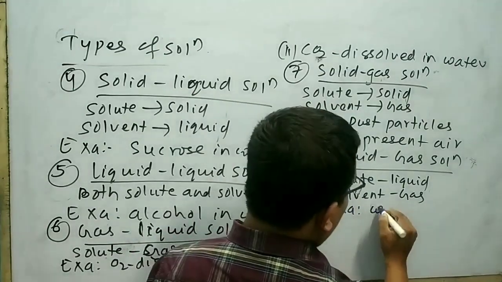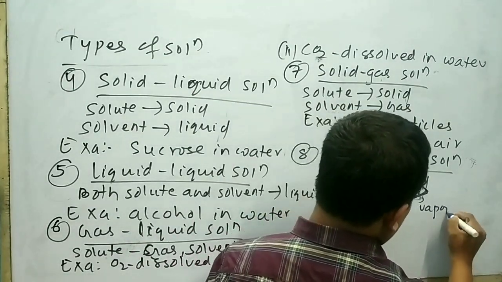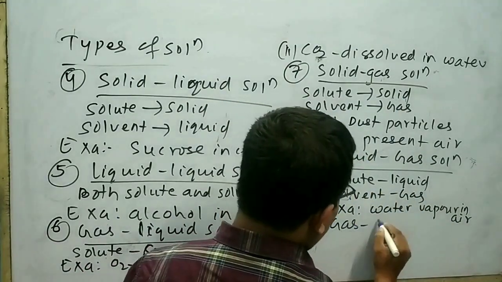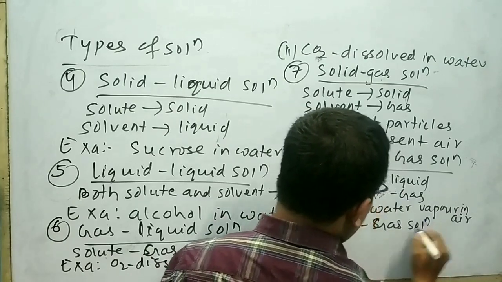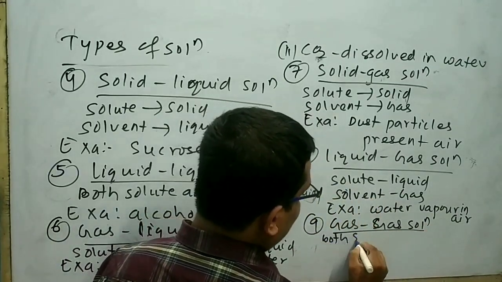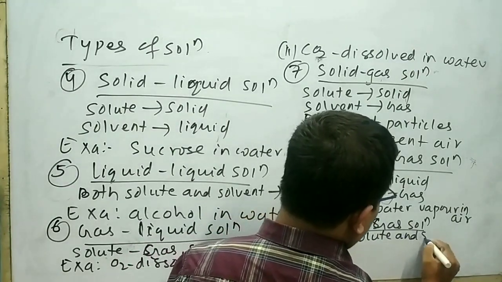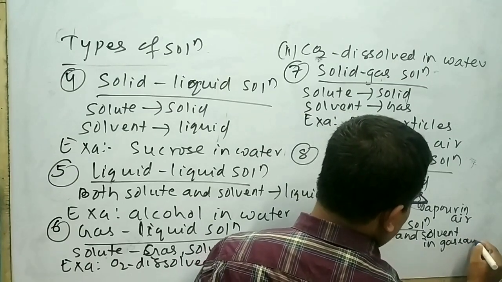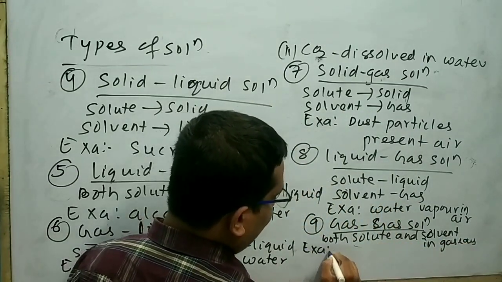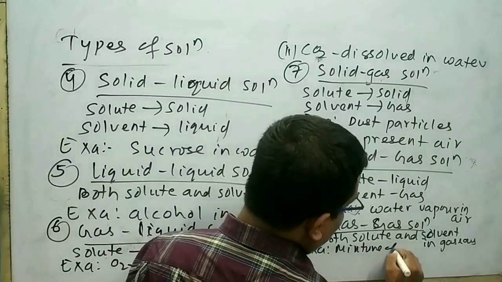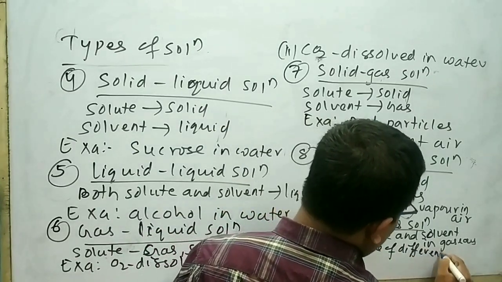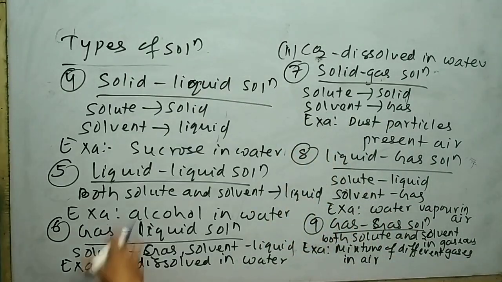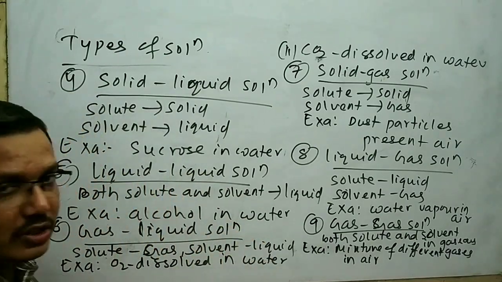Example is your water vapor in air. Next is your gas gas solution. In this case, both solute and solvent are present in gaseous state. Example is your mixture of different gases in air. These are different types of solution.